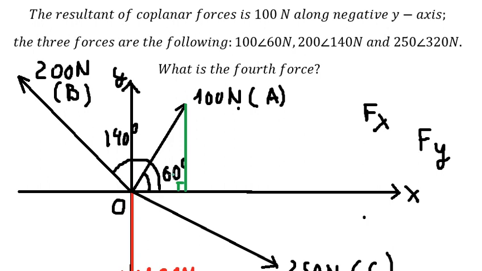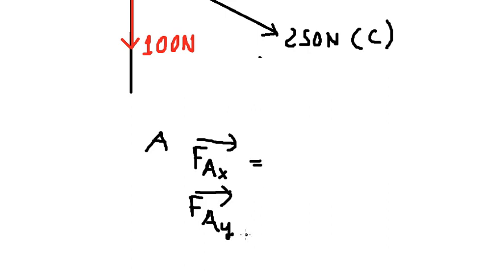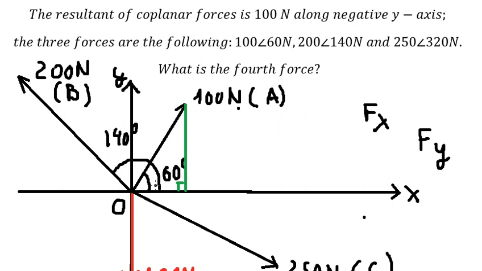So in this one, we can use sine and cosine to find F of y and F of x. So for A, I will put vector FAx and vector FAy. For A, we have 60 degrees.